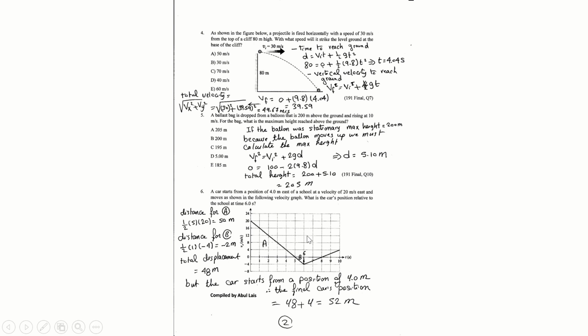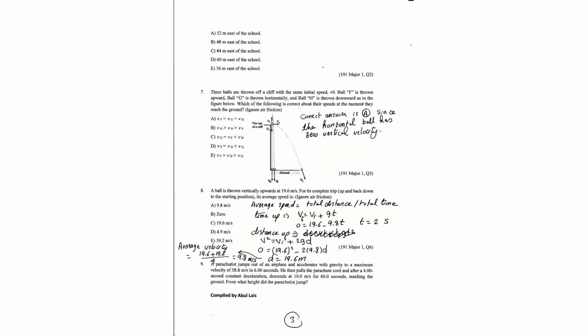But remember that the car did not start from 0. It started from a position of 4. So I must add 4 plus 48. So the final position would be 52 meters from the start.